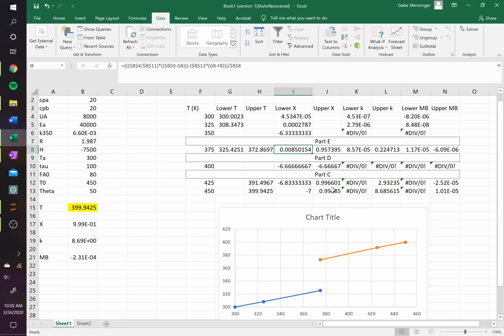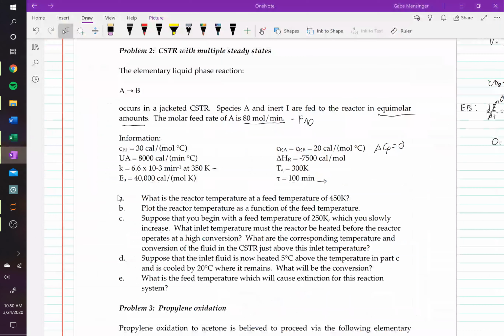But up here, on this upper branch, if you look at these two values, we're seeing a conversion of 99.8, 99.6, and even at 375, like 50 degrees lower, we're still operating at 95% conversion, as opposed to at the same inlet temperature on the lower branch, like less than 1%. So all of a sudden, when we jump up to this upper branch, essentially, is when we are going to be operating at a high conversion.